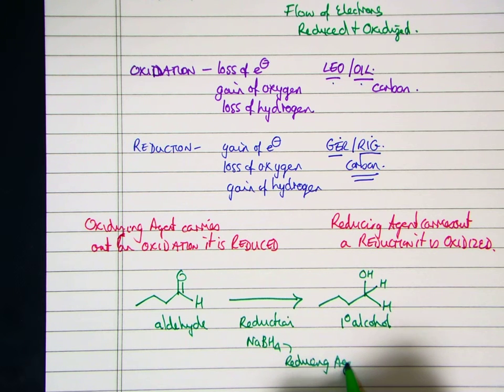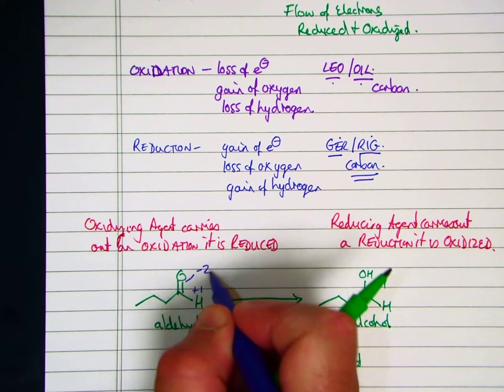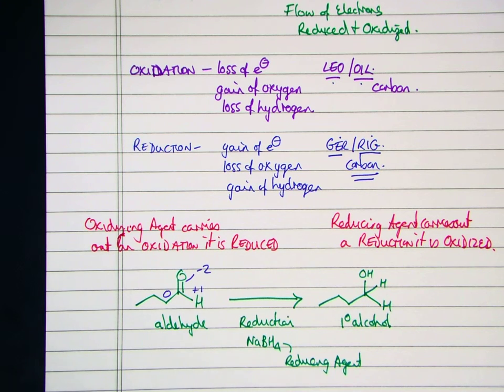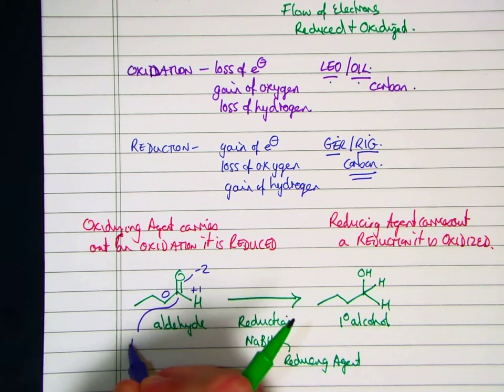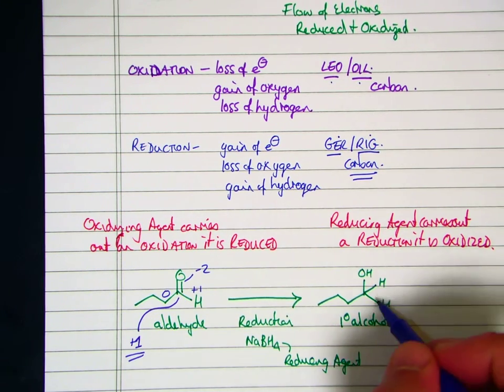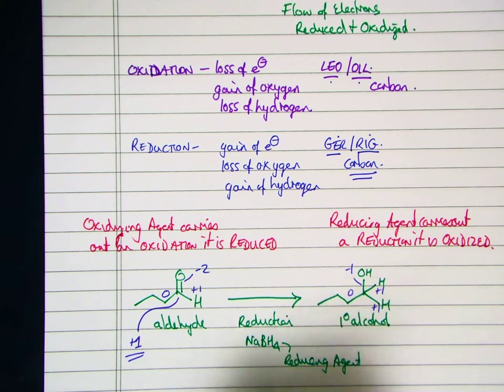When we take a look at this from the standpoint of calculations, we want to recognize that this is +1, this is -2, and this is 0. So overall, the charge on this carbon is +1. Over here we have +1, +1, -1, and 0.